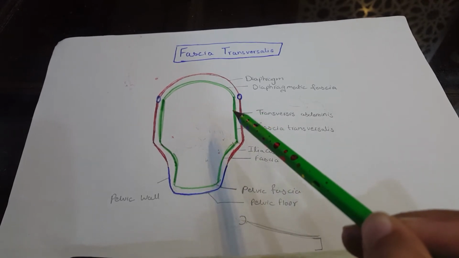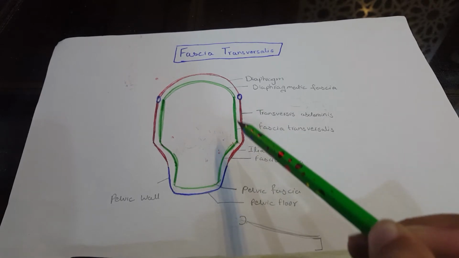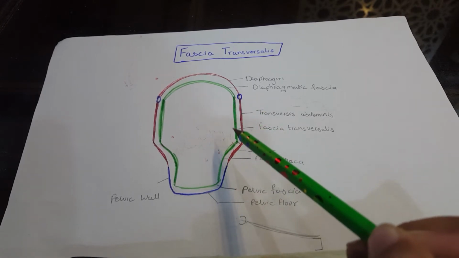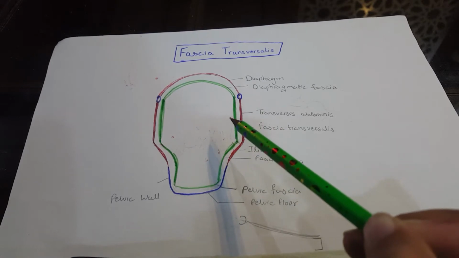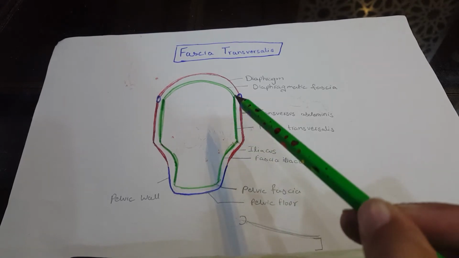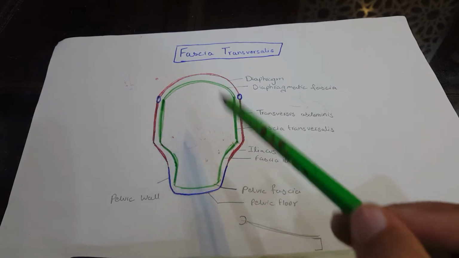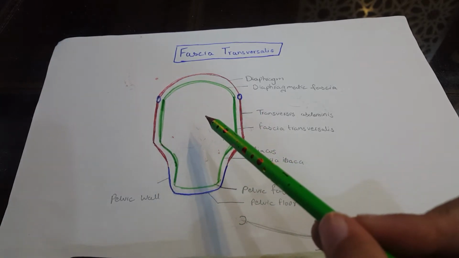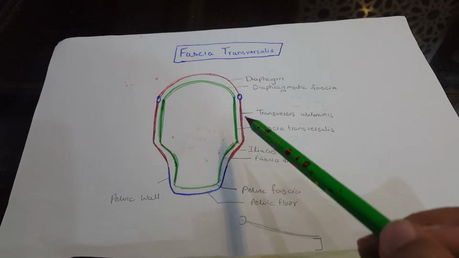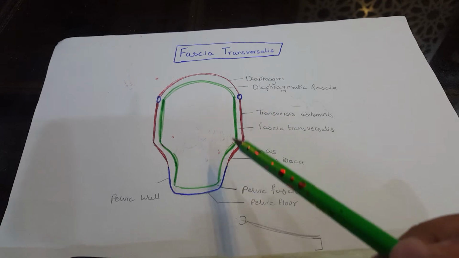So this is the transversus abdominis muscle, and the inner lining of the transversus abdominis muscle is covered by fascia transversalis. Basically these fascias are present between the parietal peritoneum and the abdominal muscles.